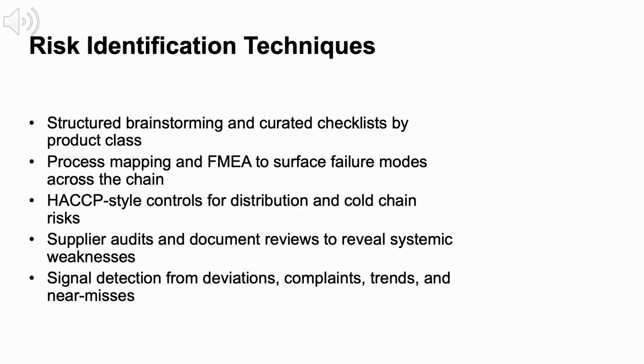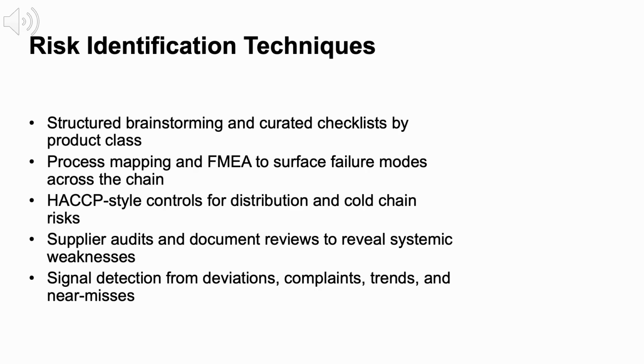When distribution is a significant risk vector, hazard analysis and critical control points, HACCP, style approaches help identify control points such as packaging qualification, pre-conditioning steps, route selections, and receipt verification.